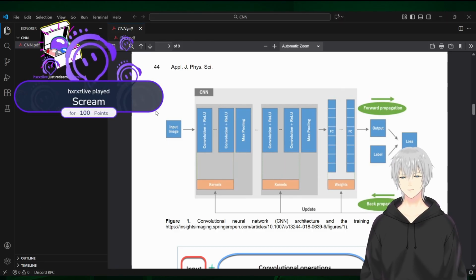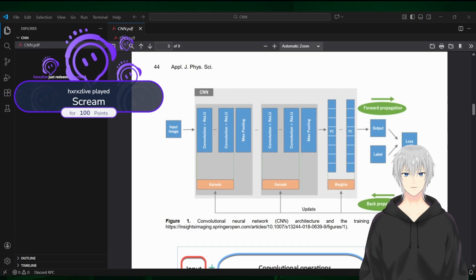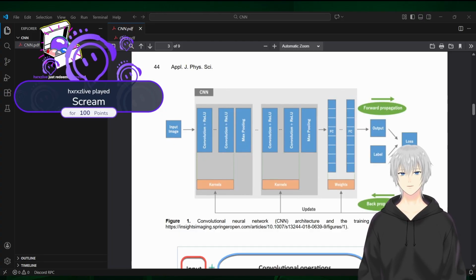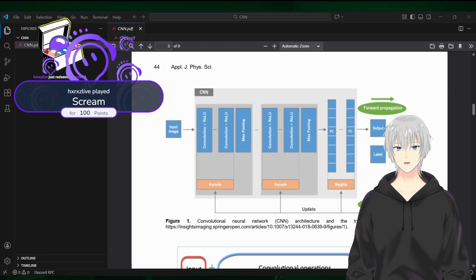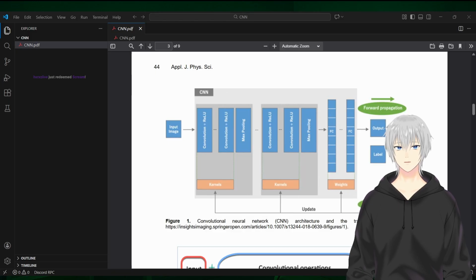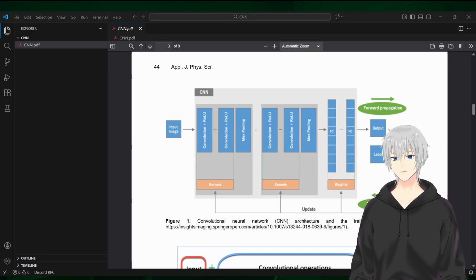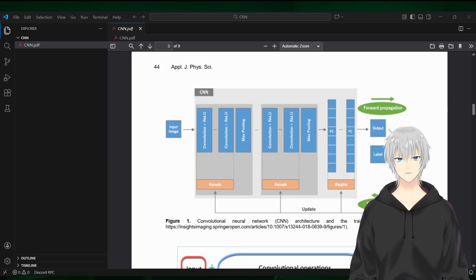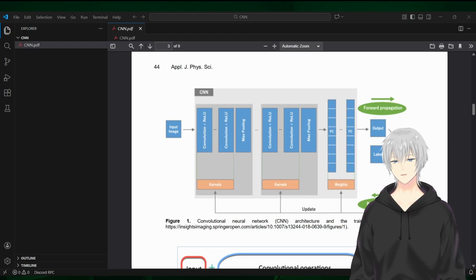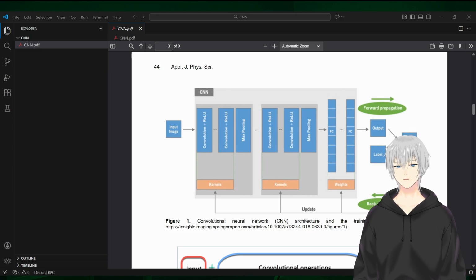Oh, my goodness. It checks. Wait, why is it there two times? Wait, what? Okay, that's sound alert. That's reactive. And that's alert box. Ah, okay.